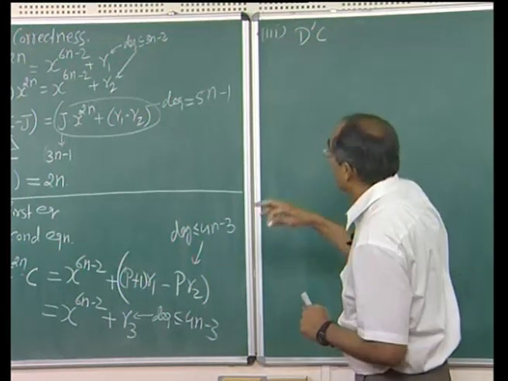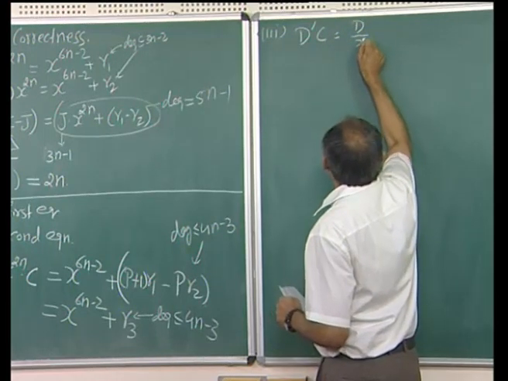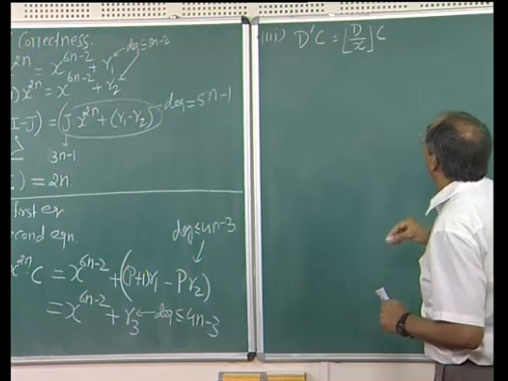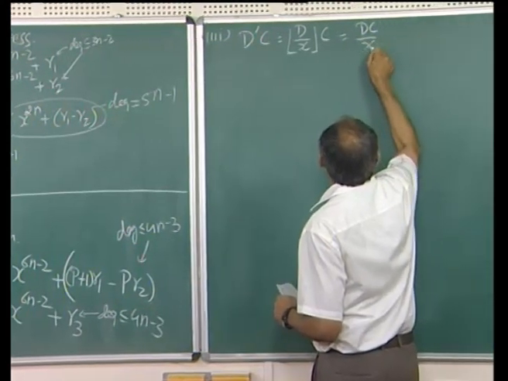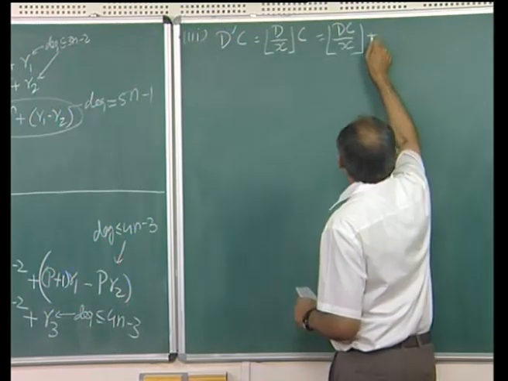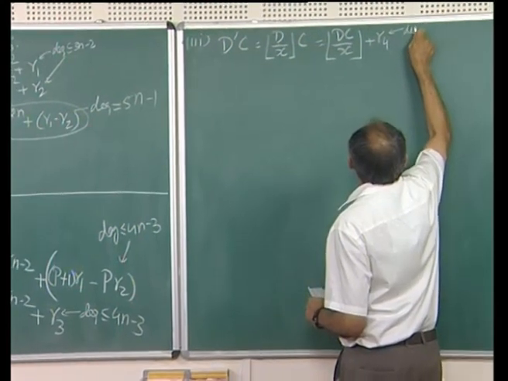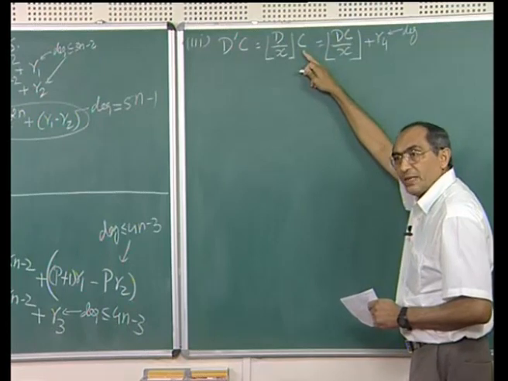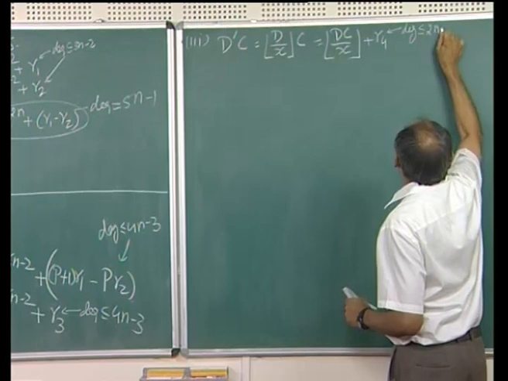D prime c, which is d over x floor c, and that is dc over x floor from our lemma we wrote earlier, plus a term r4 of degree less than the degree of c, which is 2n. So, this is less than or equal to 2n minus 1.